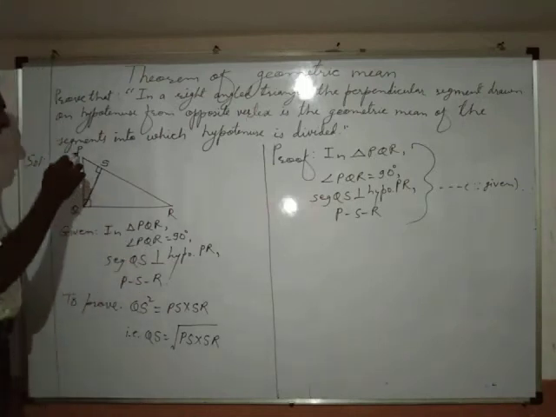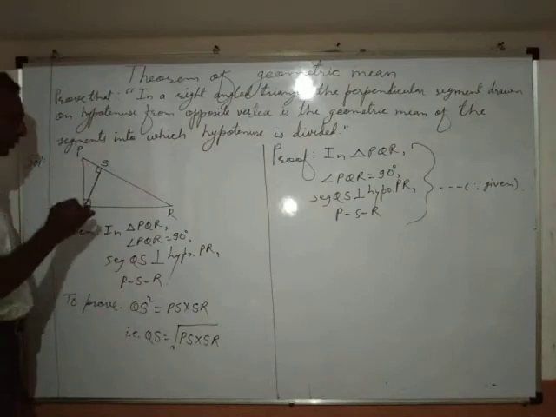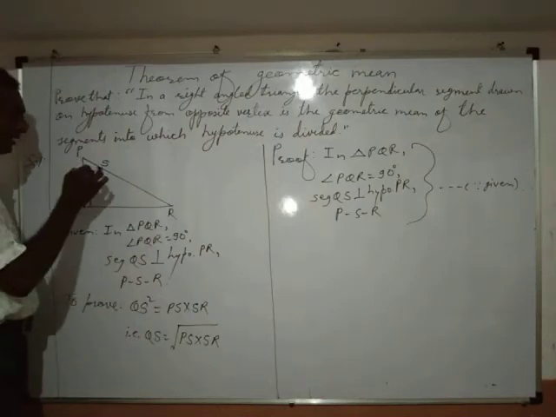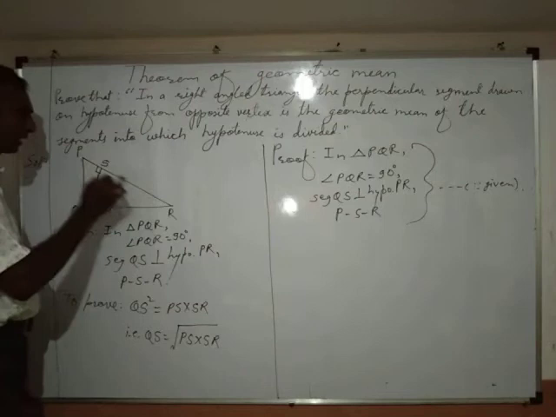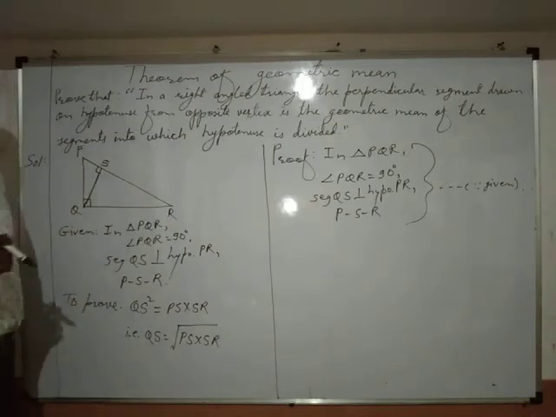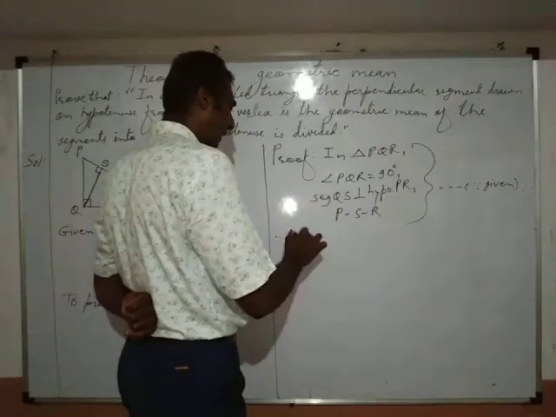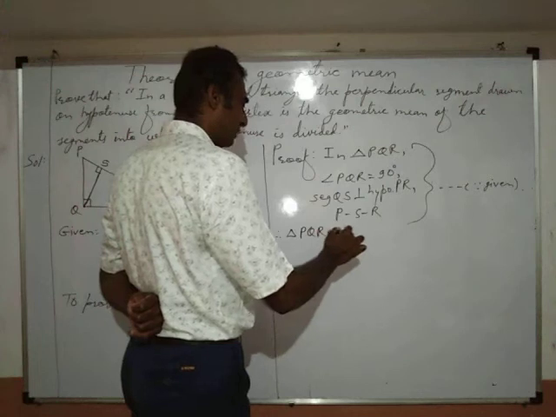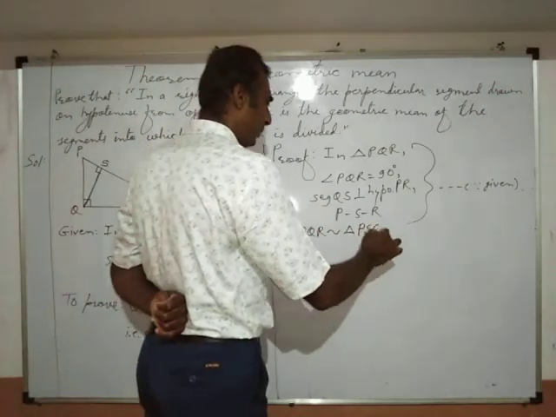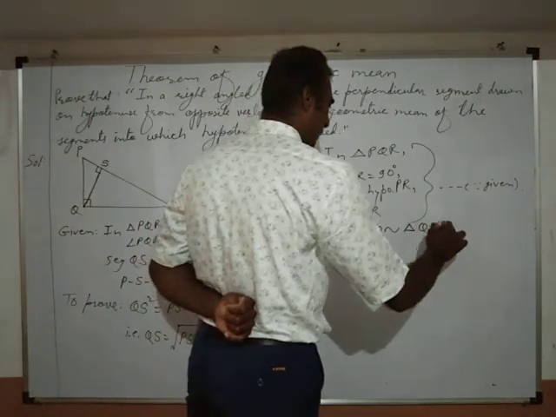As per that similarity of right triangles, triangle PQR is similar to triangle PSQ, which is similar to triangle QSR, as per the correspondence between their vertices. Let's mention here. Therefore, triangle PQR similar triangle PSQ similar triangle QSR.